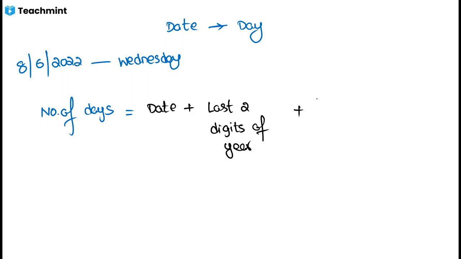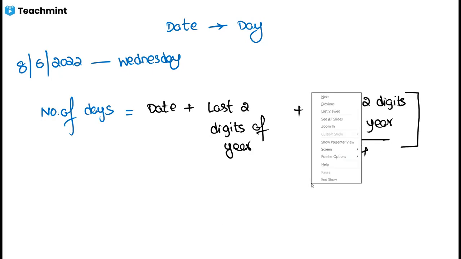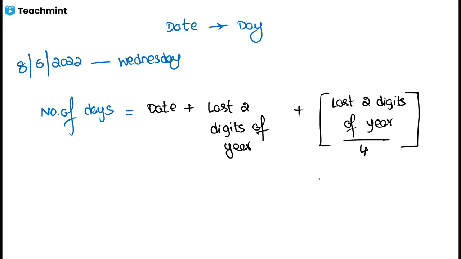Take the last two digits of the year and divide by 4, and take only the integer part. The square bracket indicates I want only the integer. Suppose you got 5.5, take only 5. If you got 6.1, take only 6.